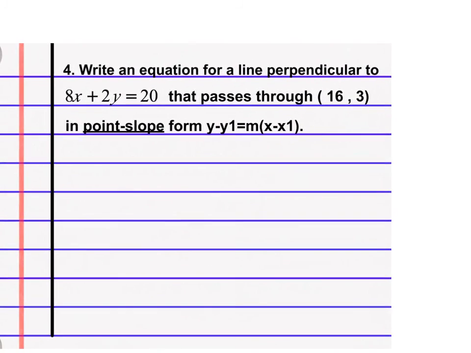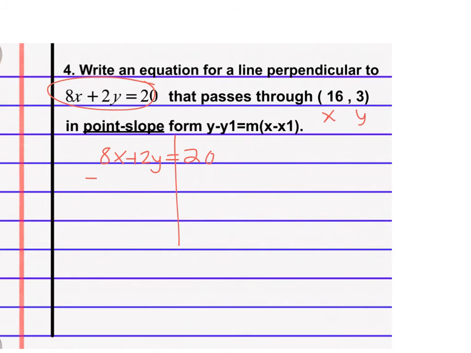All right, number 4, write an equation for a line perpendicular to 8x plus 2y equals 20 that passes through 16, 3 in point slope form. So a lot of things going on here. First, 8x plus 2y equals 20 is in standard form. Anytime you have standard form, you have to convert it to slope-intercept.